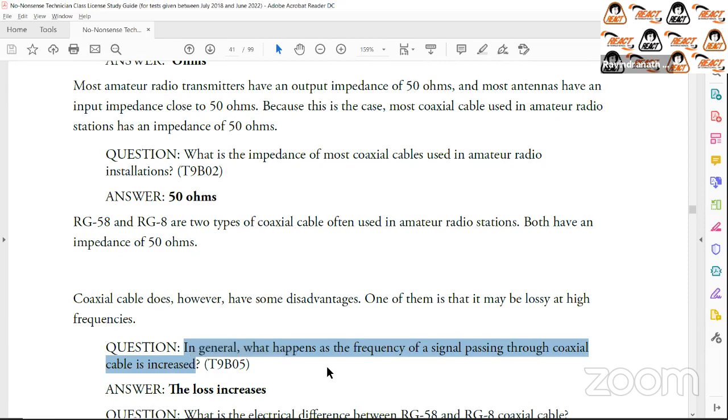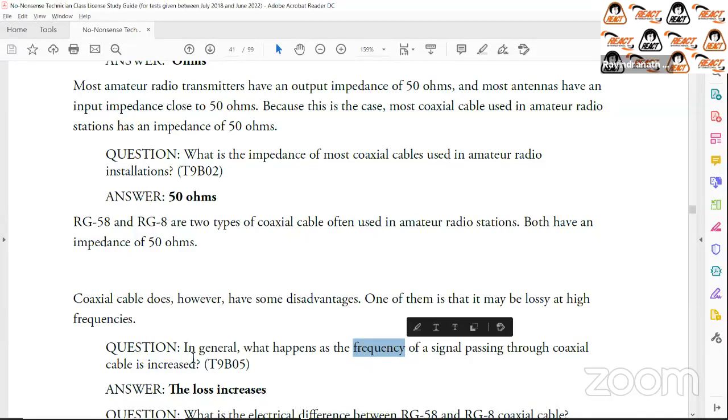Question in question pool. In general, what happens as the frequency of a signal passing through coaxial cable is increased? All right, so let's strip this question down a little bit. They're asking us, what happens when the frequency is increased? So remember, frequency increase.